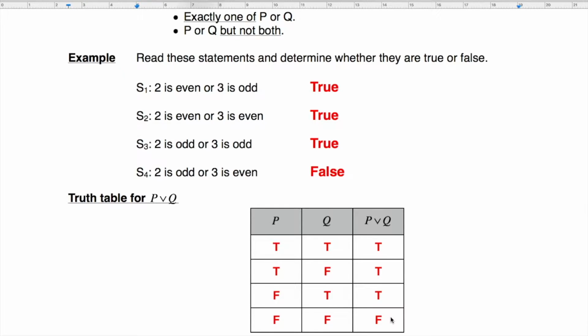And very soon you'll do that instantly without even thinking. So if both P and Q are true, then P or Q is true. If P is true and Q is false, then P or Q is true. If P is false but Q is true, then P or Q is true. The only case where P or Q is false is if both P and Q are false.